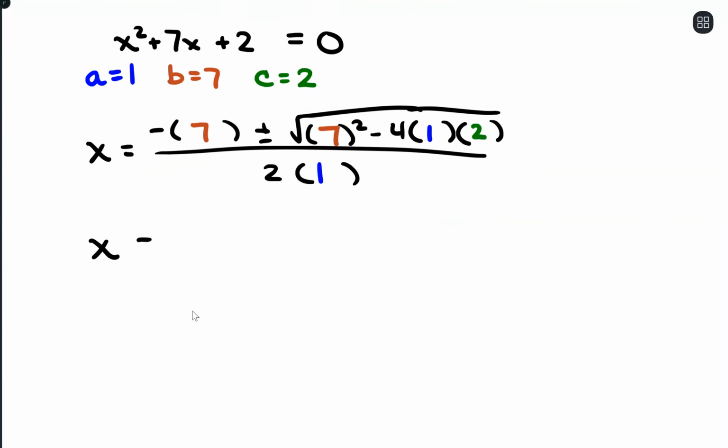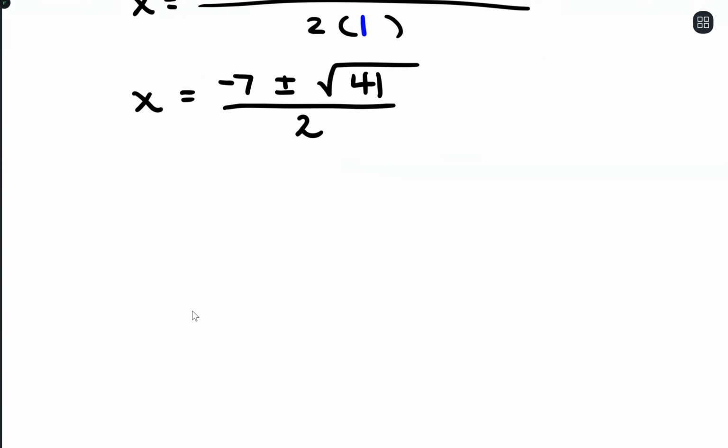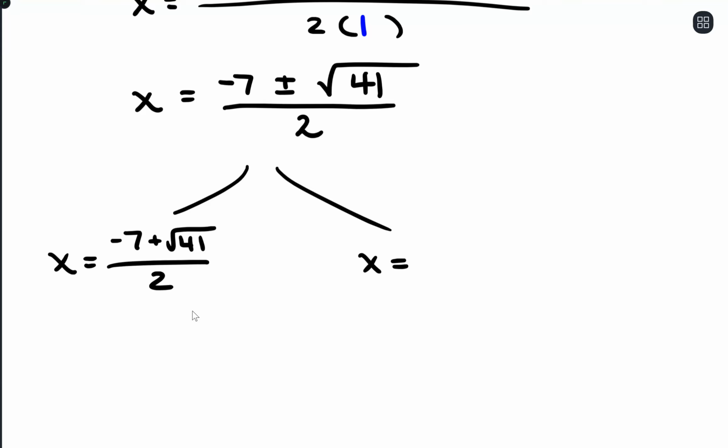So x equals negative 7 plus or minus the square root of 49 minus 8, so that's the square root of 41, which is not a perfect square, so it's just going to stay as the square root of 41. And now we're going to split into our two scenarios, one where we add in the numerator, one where we subtract in the numerator.